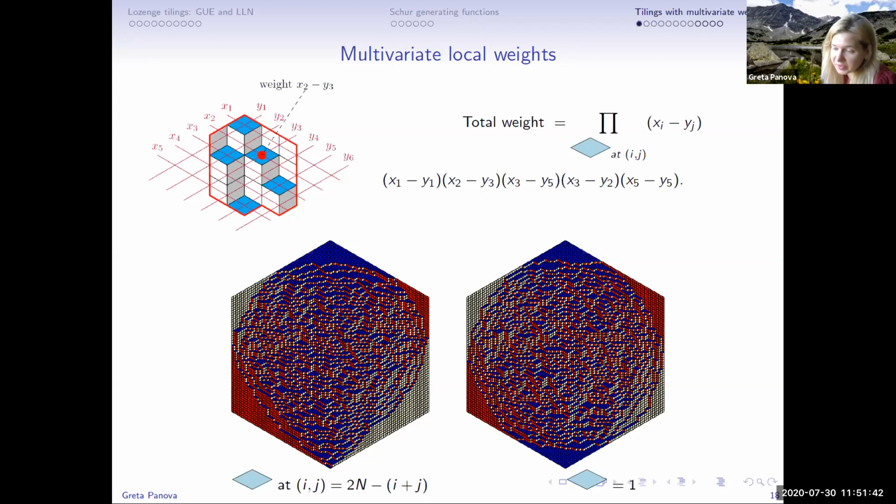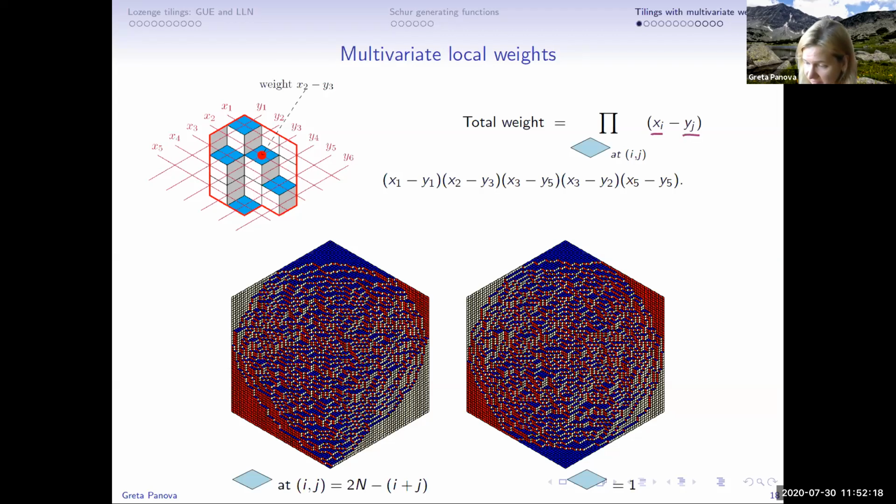So now we are not looking at the uniformly random lozenge tilings, say of the hexagon or whatever other shape we care about, and this time the weight of a particular lozenge tiling is going to be the product over all the weights for the horizontal lozenges, and the weight for each horizontal lozenge will depend on its position in the tiling, and it's going to be in general some difference xi minus yj.